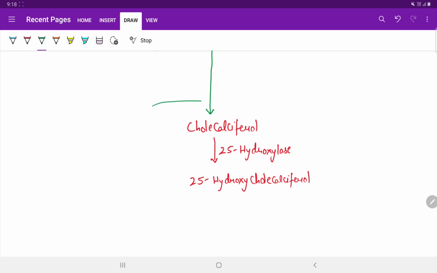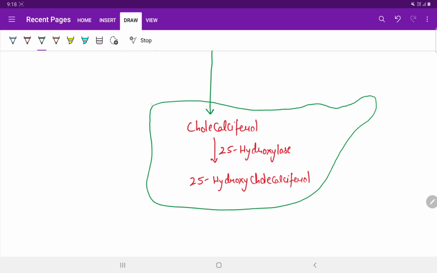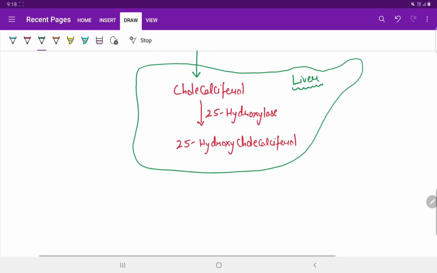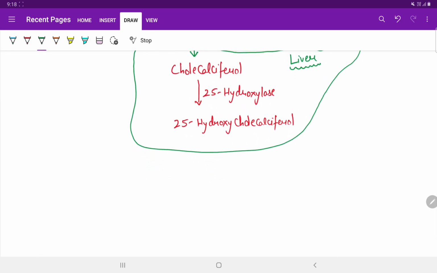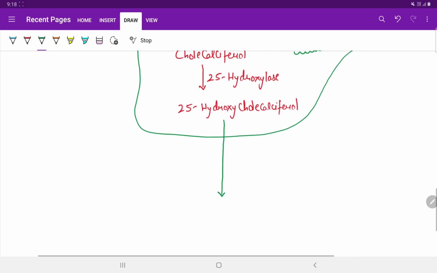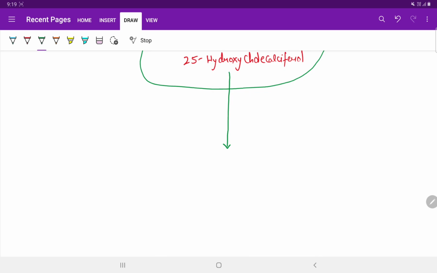So this reaction occurs in the liver. Now from the liver, this 25-hydroxycholecalciferol travels into the kidney, where it is converted into the active form of vitamin D, that is calcitriol.